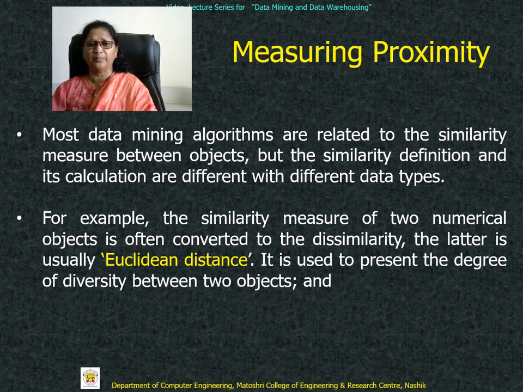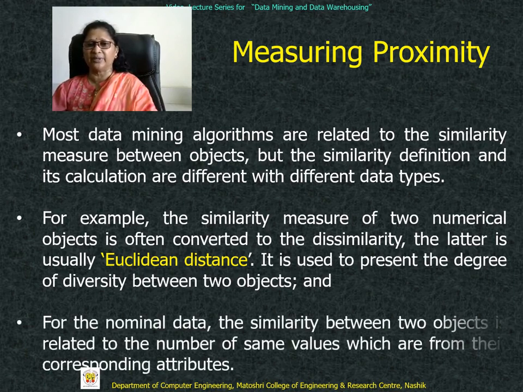We will be learning how to compute Euclidean distance between any two objects, and they represent degree of diversity between any two objects. For nominal data, similarity between two objects is related to the number of similar values with the corresponding attributes.